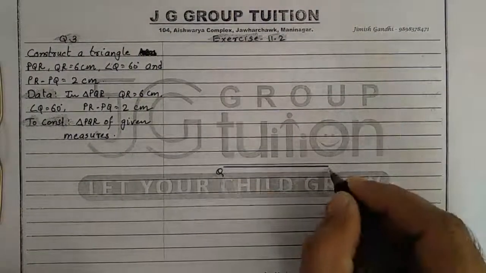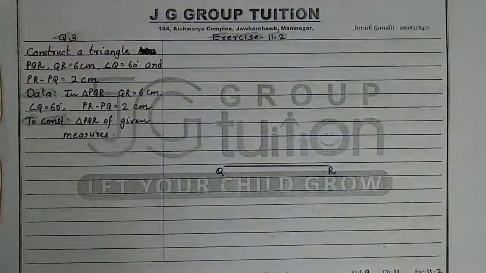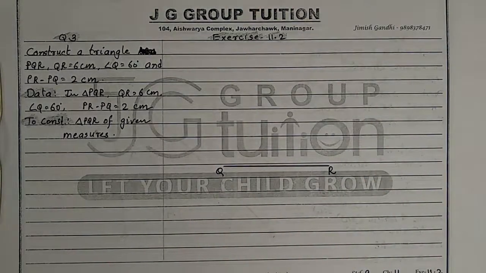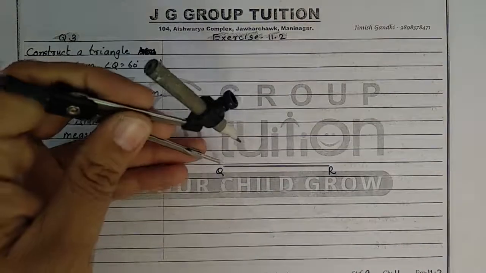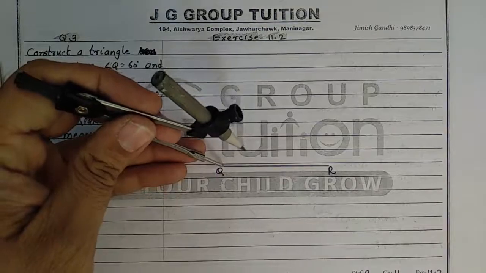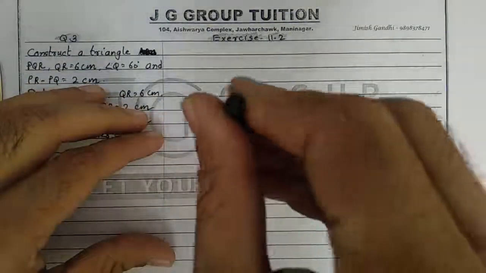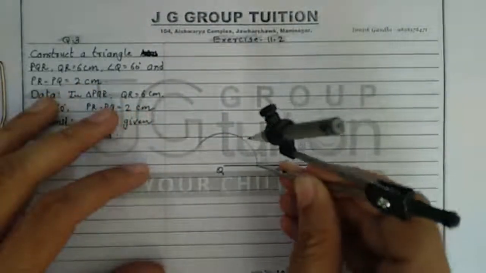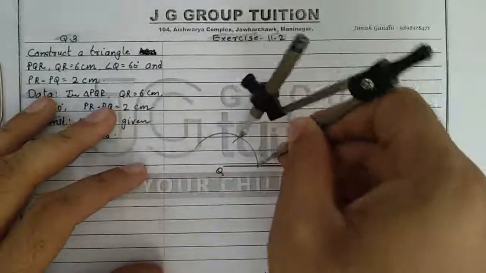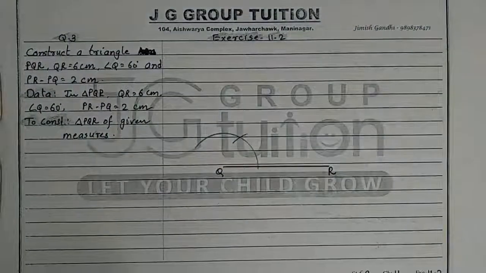This is Q, this is point R. As the angle Q is given, that is the base angle, we should construct 60 degrees at point Q. Again, any arbitrary radius you can take, with Q as the center, and we construct an arc. This is 0 degrees, then we construct an arc so it forms 60 degrees.